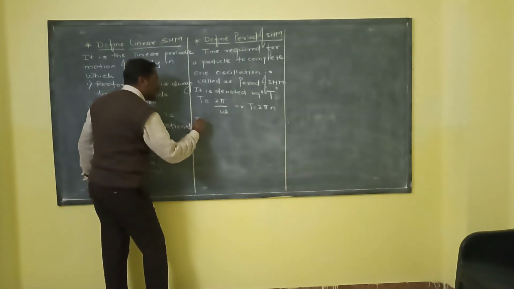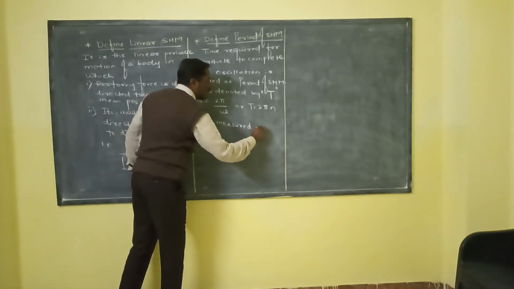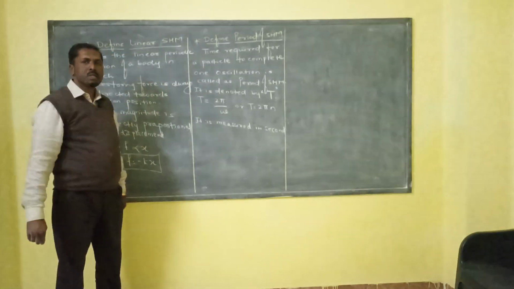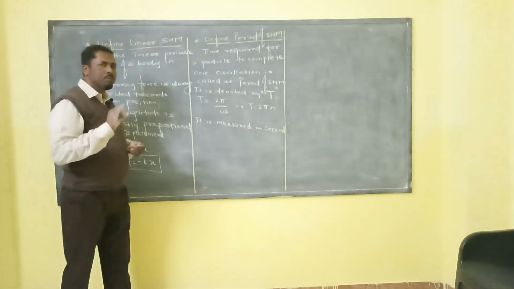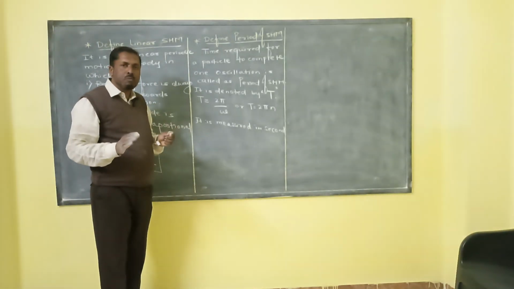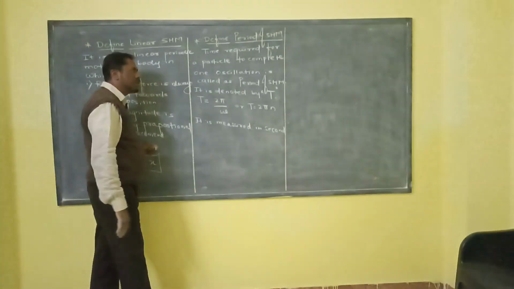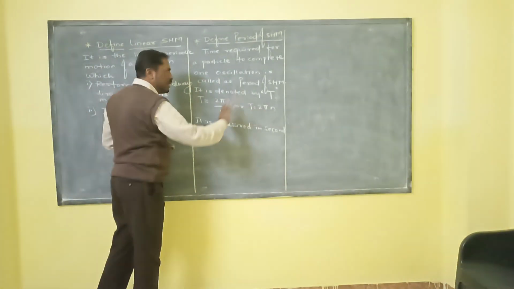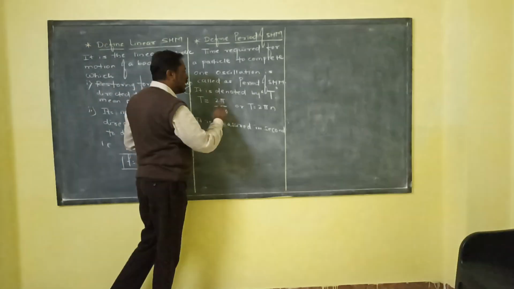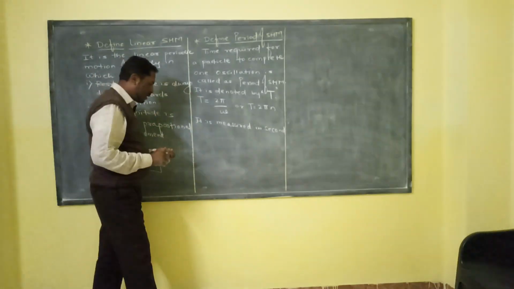It is measured in seconds. So the time required for a particle to complete one oscillation is called the period of SHM. It is generally denoted by T, written as T is equal to 2 pi by omega, and measured in seconds.